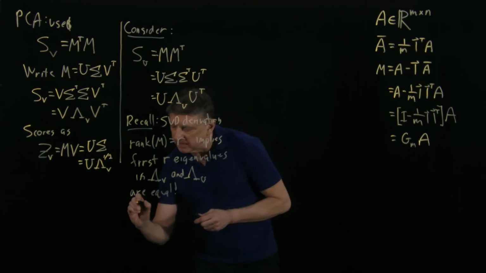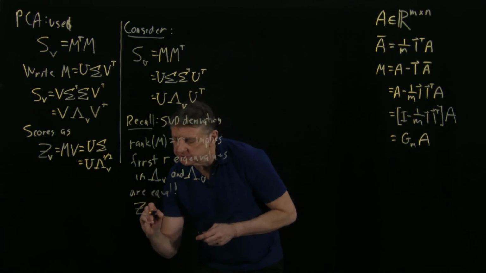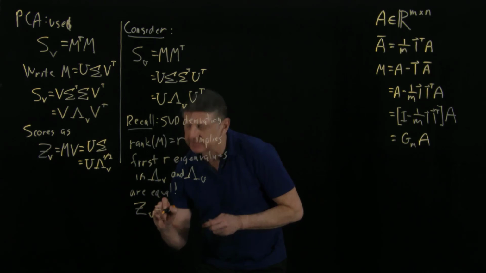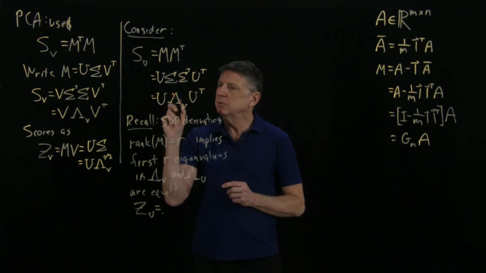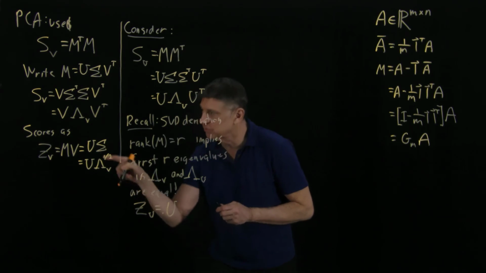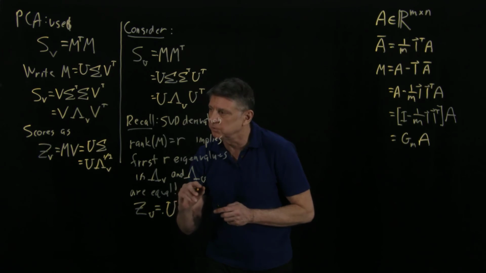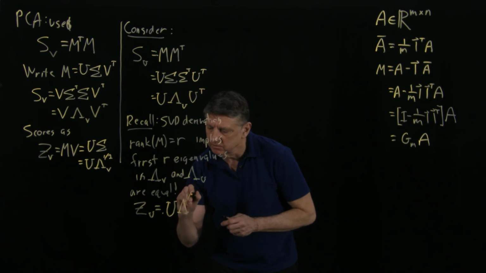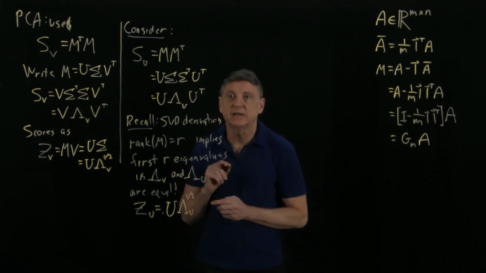That means that we can write the scores that come from our observation style. That has to be equal to the scores that we get from the variable style. So that has to be equal to U times the square root of the eigenvalues that we get from the U style.